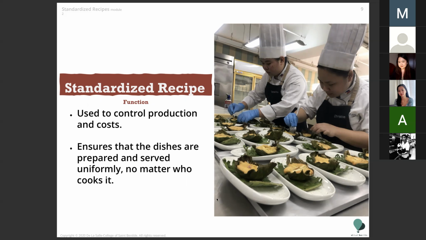So you know that, for example, to produce a Bistek Tagalog dish, I'll just stick to Filipino for now, that is good for 30 people, because these are the employees in your establishment, for example.